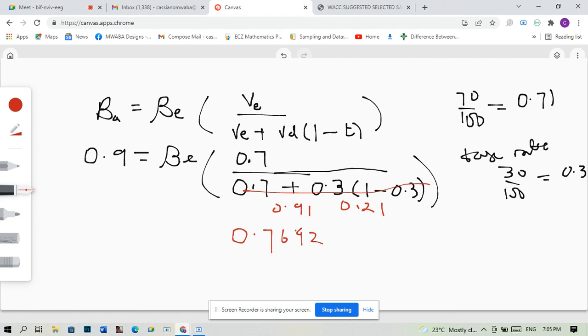We're going to start with the one in the brackets first. 0.3 times 0.7, you get 0.21, right?